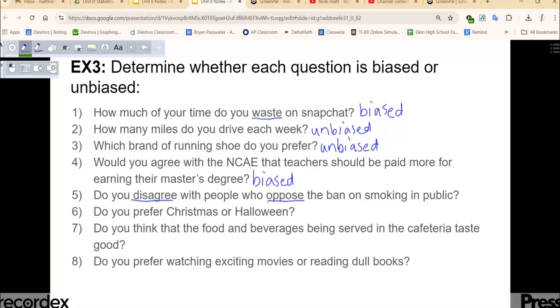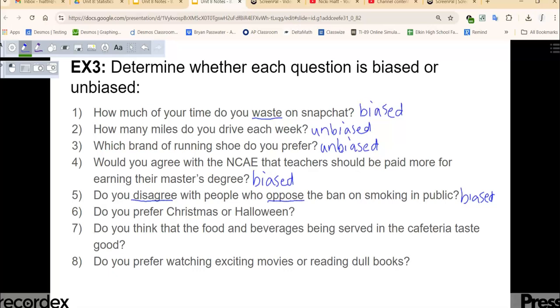Oh gosh, I've even confused myself. You disagree with those who oppose. So that would mean you are for the ban, I guess. So this is confusing. This is a biased question. What you should ask in that case is, do you support the ban on smoking in public? That would be the best way to ask that.